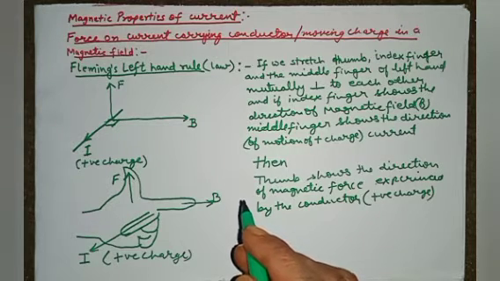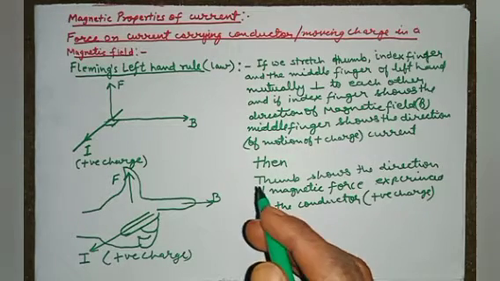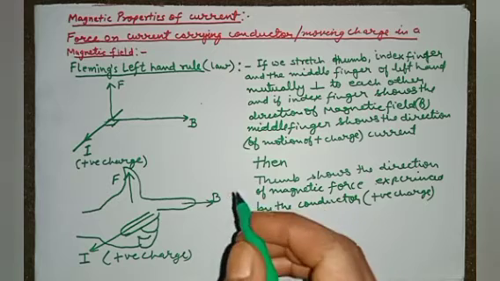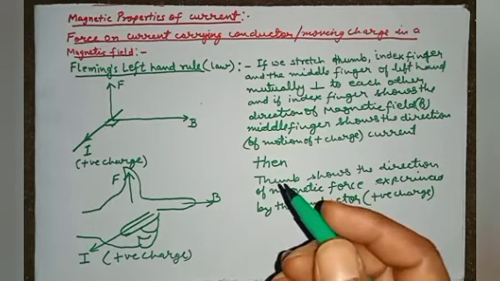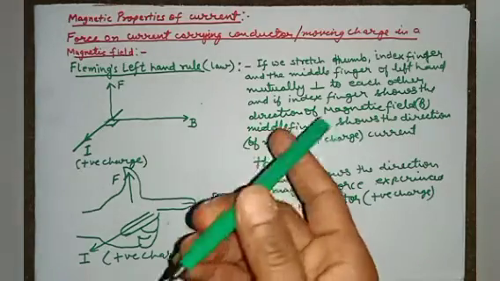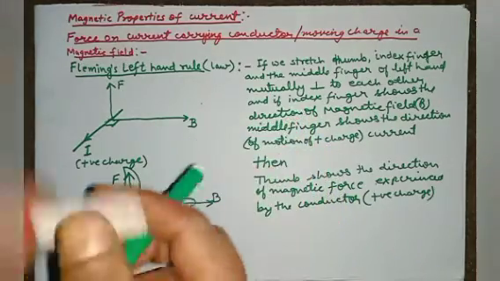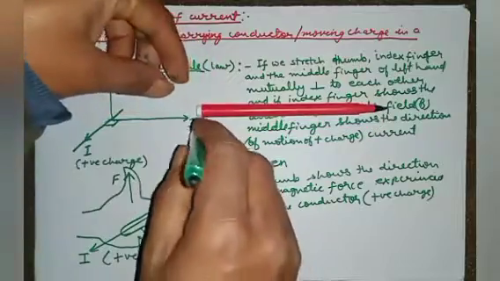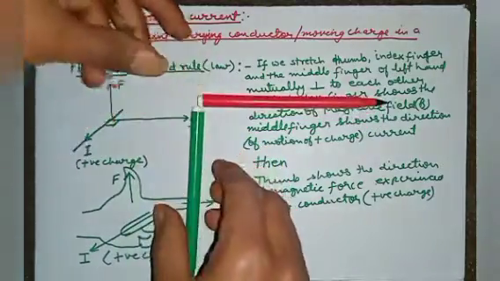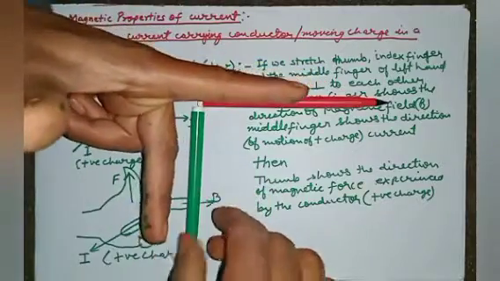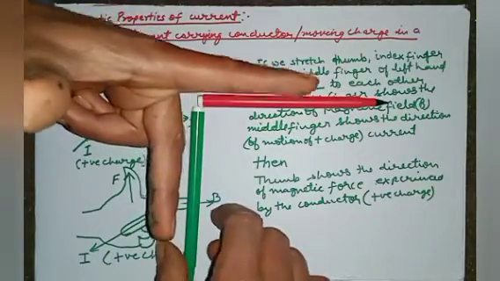I'm repeatedly saying positive charge, positive charge, positive charge. What about negative charge? If there is negative charge, then we have to take the direction opposite to it. Let us suppose magnetic field is this way, and negative charge is moving this way.